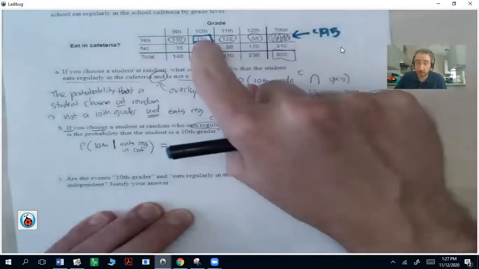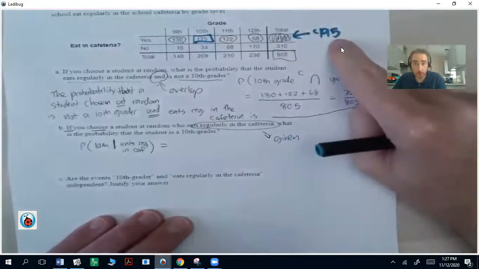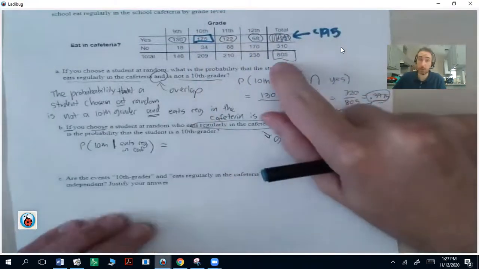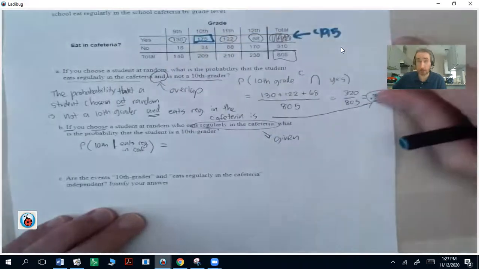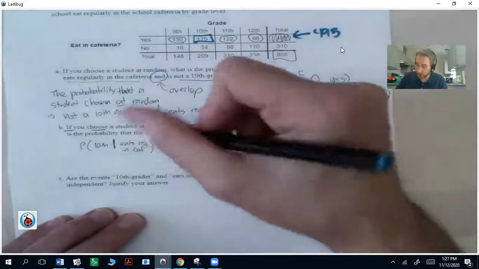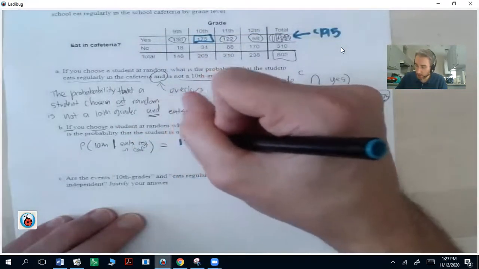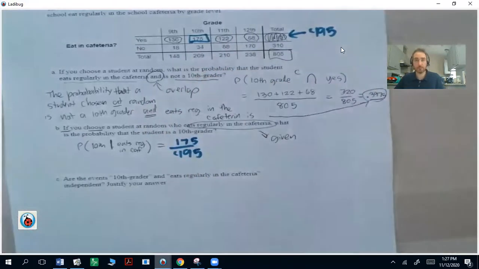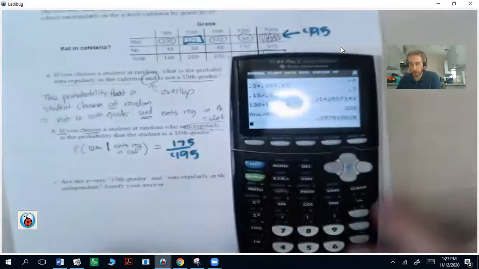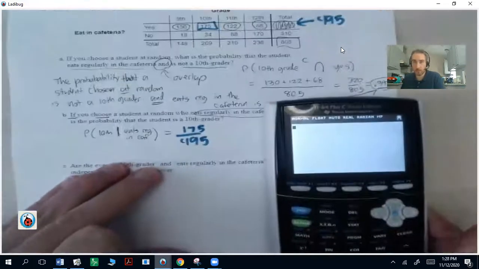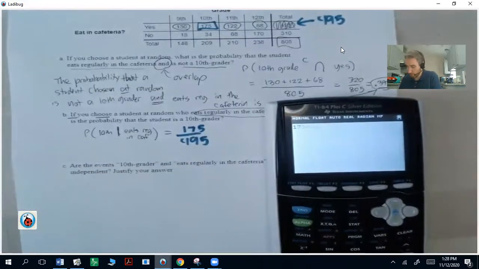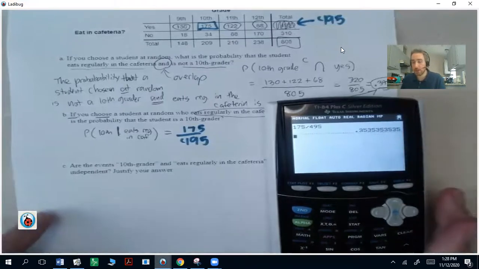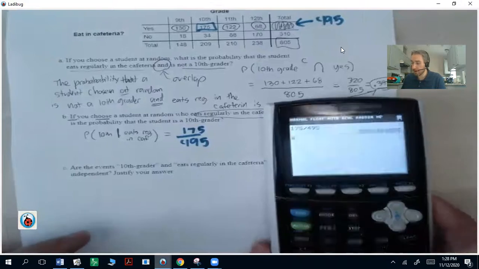So it's 175 over 495, not over the overall total because we're only dealing with eats regularly in the cafeteria. So it's going to be 175 over 495. So about 0.353535 repeating. So I'll just say 0.3535.